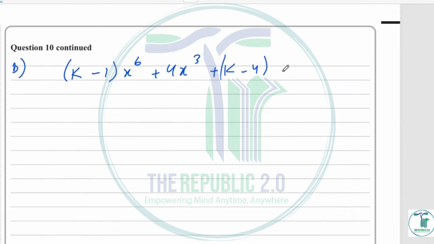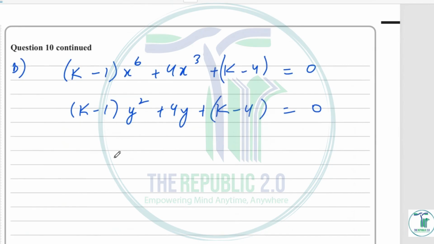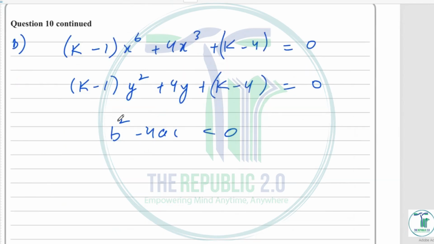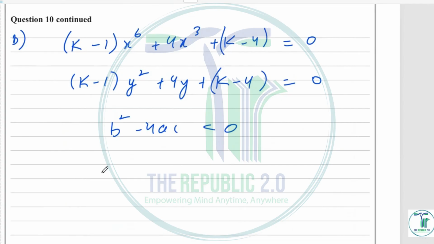First of all, I'm going to transform this equation into a quadratic one, so I can rewrite it as k minus 1 times y squared plus 4y plus k minus 4 is equal to 0. Now, for this equation to have no real roots, the discriminant should be less than 0. I'm going to plug the values in. B is 4, 4 squared has to be 16, minus 4 times A, which is k minus 1, times C, which is k minus 4.